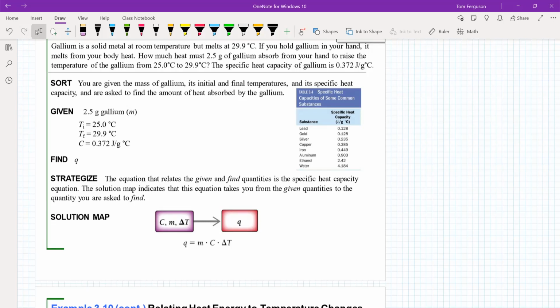So there are four variables, and you have to be given three to solve any heat capacity problem.